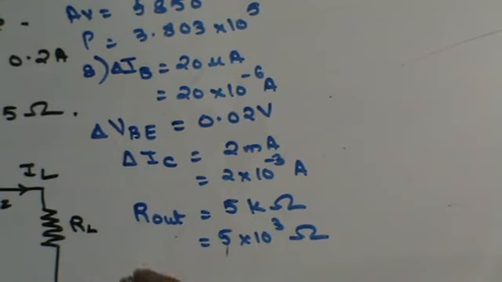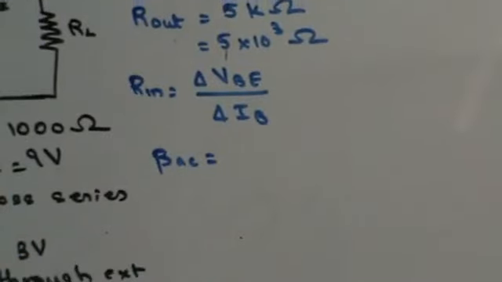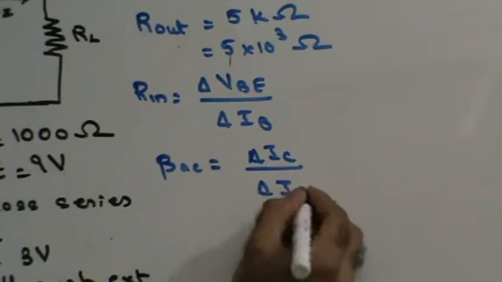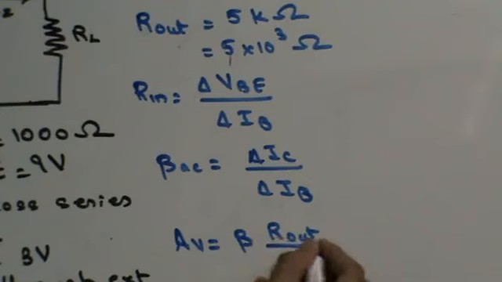Right, Ohm's law. Input resistance will be the change in the base emitter voltage upon the change in the base current. That will give you your input resistance. Next, beta AC. Right, amplification factor is nothing but the change in the collector current to the change in the base current. Right, voltage gain is nothing but beta AC R out upon R in. Beta you've already found out, so you should be able to get this answer.